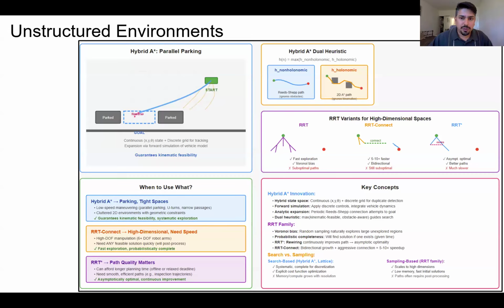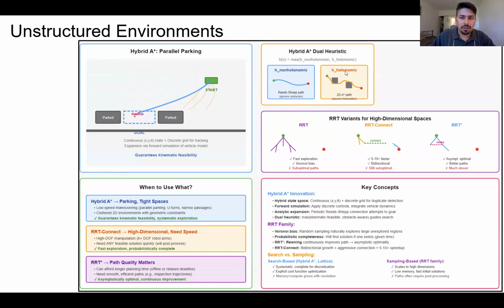Yeah, but a high-level overview is that here also you use some heuristics, and the two common ones are the non-holonomic and the holonomic heuristics. The way to think about heuristics here is to divide the space into subproblems. In this case, the 3-dimensional space is divided into a 3-dimensional space without any obstacles, which is the non-holonomic constraints. So something like a Reeds-Shepp path can be used, or there are other things. This totally ignores all the obstacles.